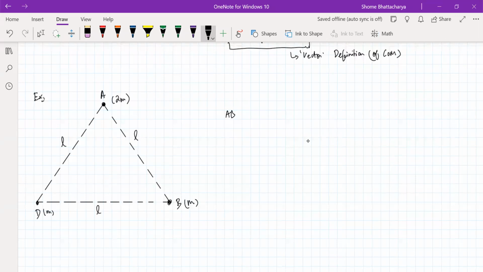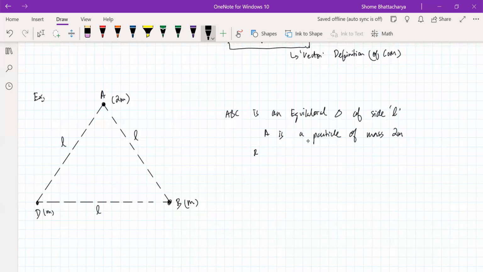So ABD is an equilateral triangle of side length L. A is a particle of mass 2m, whereas B and D are particles of mass m each.